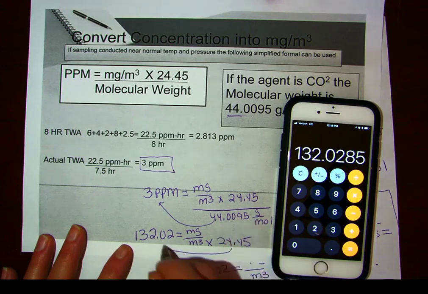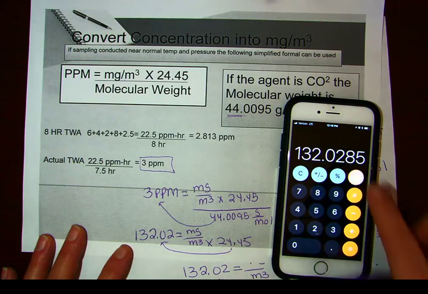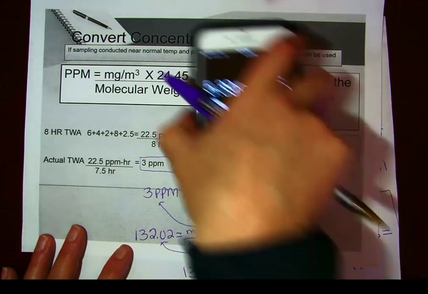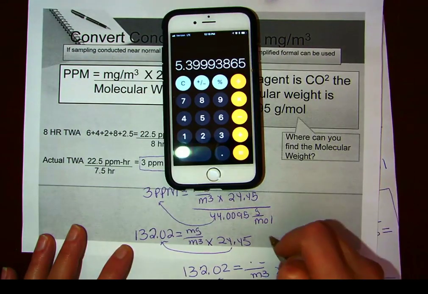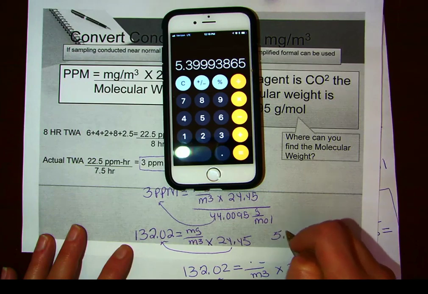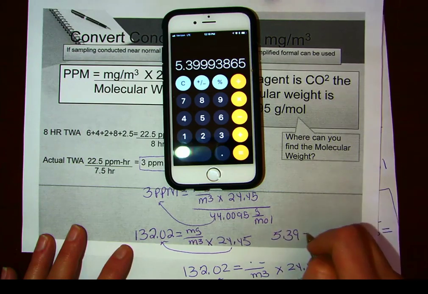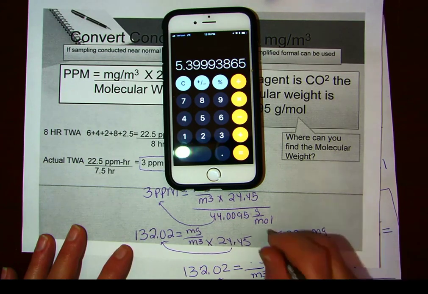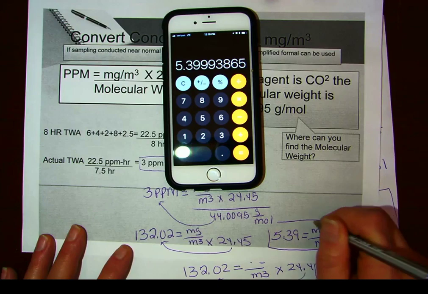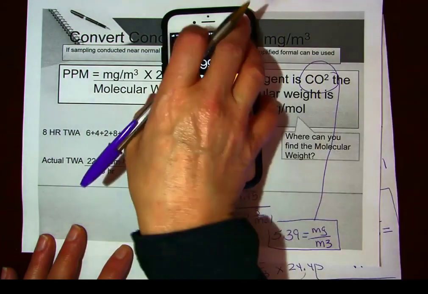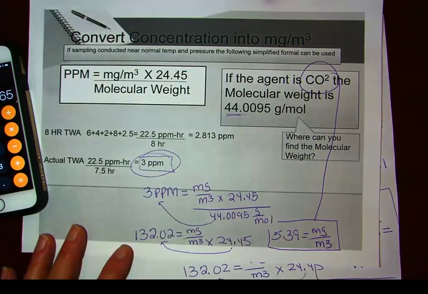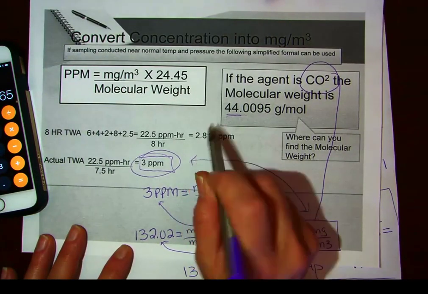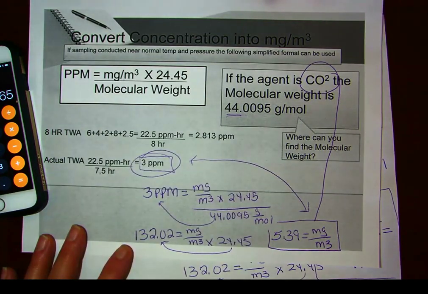And I need to bring this over through division. So now I have the answer of 5.39 equals my milligrams per meter cubed of CO2. And I was able to convert from parts per million to milligrams per meter cubed just by simply plugging it into the equation.